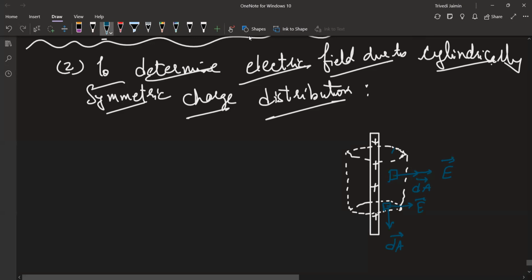This is the Gaussian surface, length L. Okay. We have taken one small surface. With that, we'll calculate.